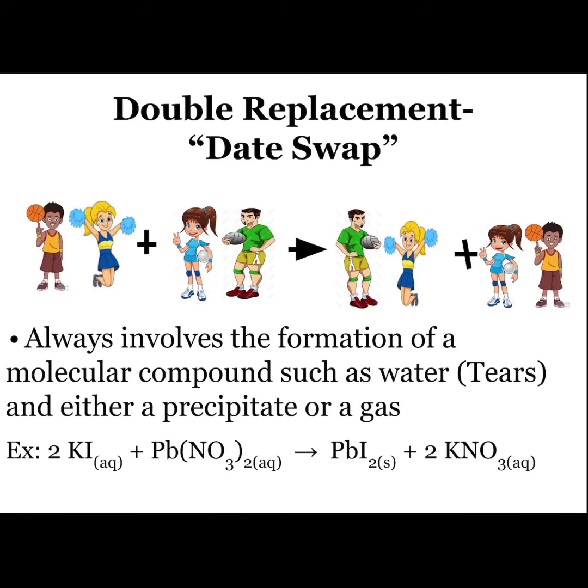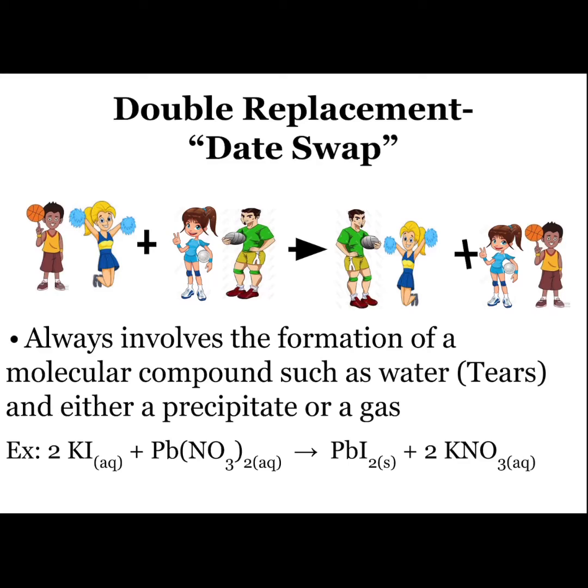It always involves the formation of a molecular compound, such as water, and a precipitate or a gas. Okay, so here's my example. 2KI plus Pb(NO3)2 to get PbI2 and 2KNO3. So it looks really complicated, but if you just look, K and I were originally partners, and Pb and NO3 were originally partners.